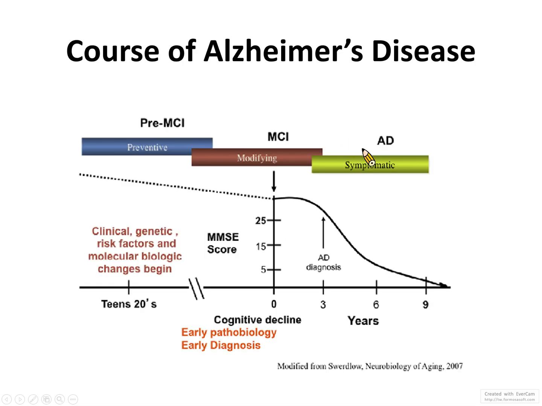And also from the clinical perspective, we have rating scales, for example, the clinical dementia rating scale, which tries to measure the stage of the dementia. There is also another scale called the MMSE, which is the abbreviation for Mini-Mental State Examination.